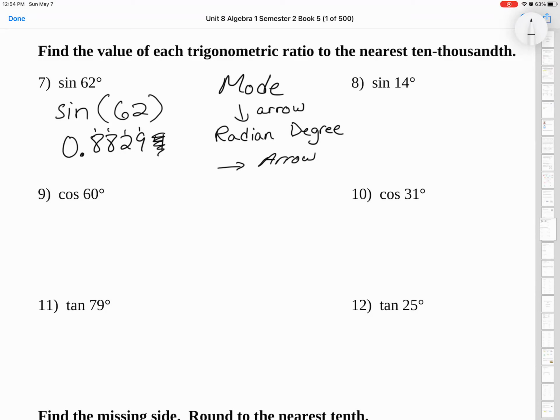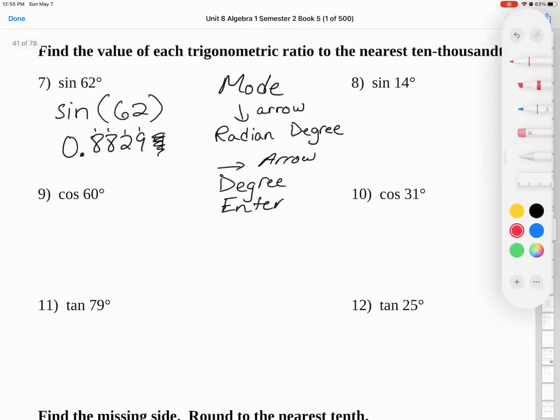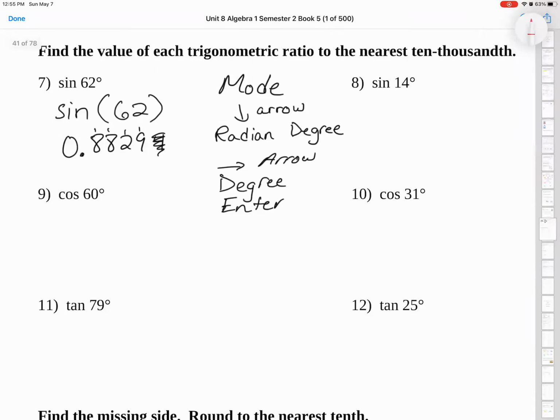Your calculator may already have it on degree mode, but it's got to be in degree mode. And then hit enter. And now, if you back out of there, it will be in the degree mode. So if your answer didn't match what we just got a moment ago, that's why. It's because your calculator is in radian mode. If you have any questions on how to change this into degree mode, feel free to pause and ask me.